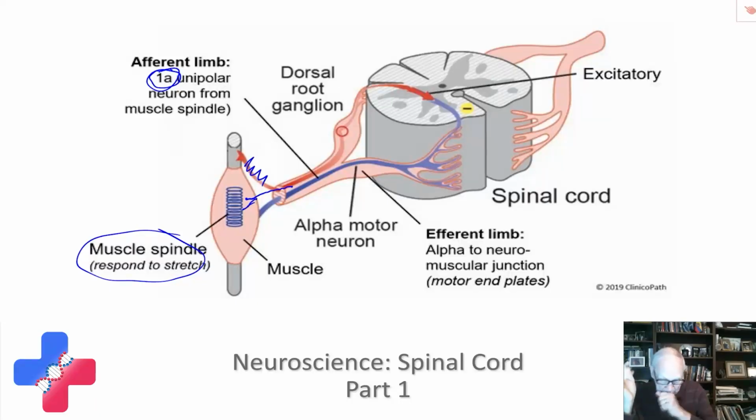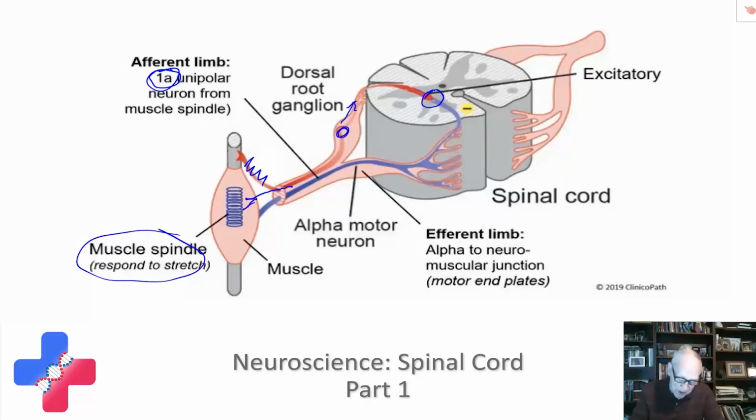Now notice the unipolar neuron has its cell body here in the dorsal root ganglion, and the central process is moving into the dorsal side of the spinal cord. This is the type of central process that is going to go directly into the ventral horn, and there's only one synapse here, in the ventral horn between this 1A fiber and the alpha.